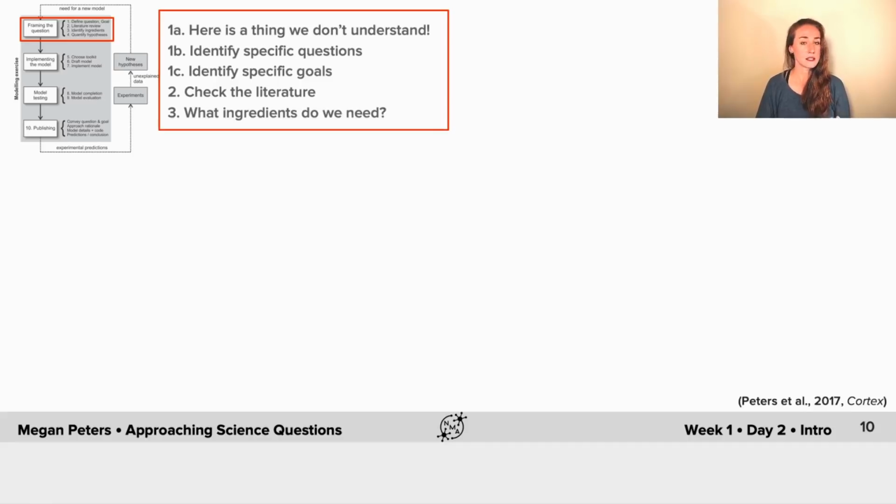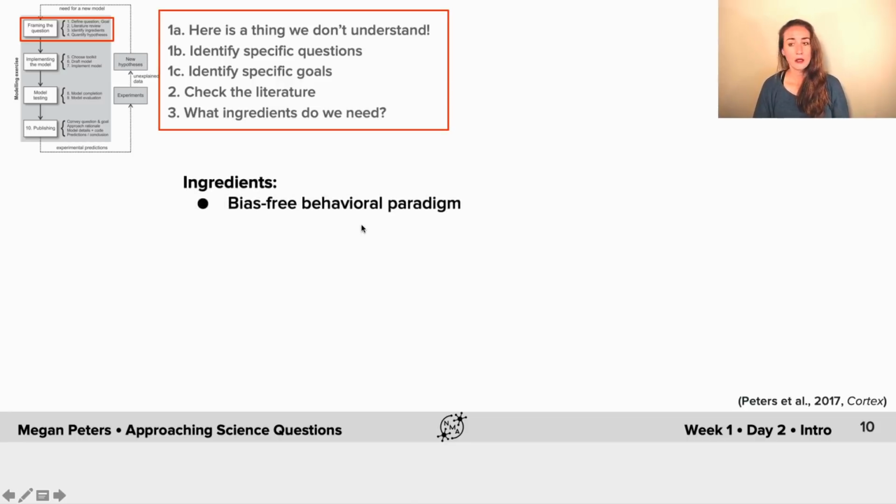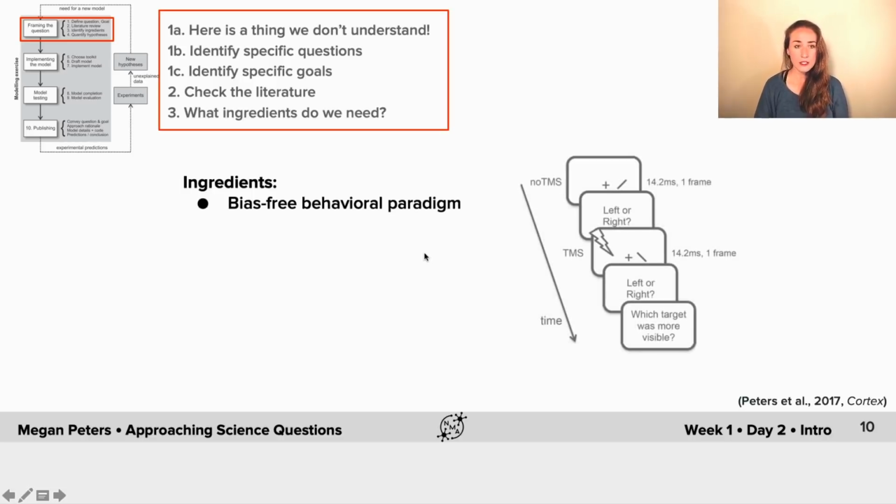So this leads us to the next step, which is what ingredients we actually need for our modeling exercise to be successful in answering these questions and achieving those goals that we identified all the way back in step one. And so the first is that we need that bias-free paradigm. So we got that. We used what's called a two-interval forced-choice approach for the confidence judgments, which meant that our observers would no longer just be able to say high confidence or no, I didn't see anything.